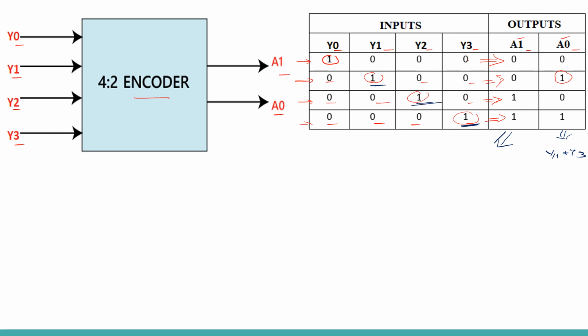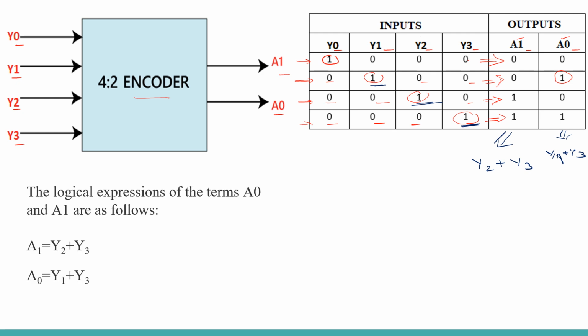Therefore, it is active high for either Y2 or Y3. So the same expressions here: A1 is active high for Y2 or Y3, and A0 is active high for Y1 or Y3.